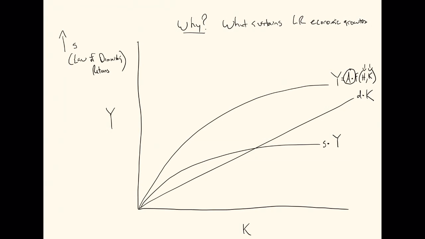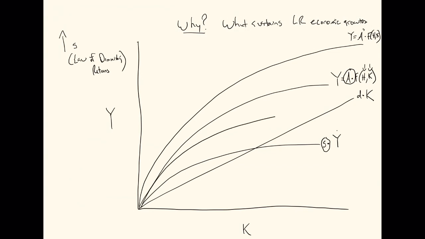Well, in this picture, what would happen if A increased, then we would have a new production function, and I'm just going to call it A naught. Our savings rate is staying the same, but since we have a new production function with a higher value due to this new A, our savings line would also increase.